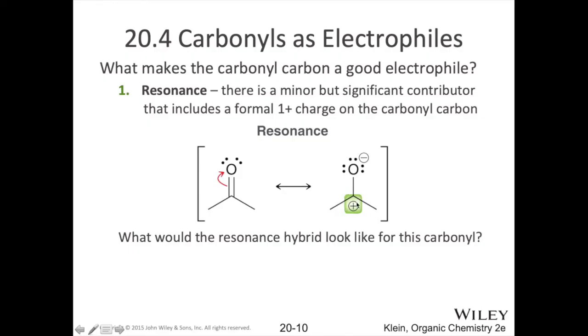Now, obviously, this neutral resonance structure is much more stable than this one, but this is not an insignificant resonance structure. This is going to contribute some partial positive charge, some positive character, to that carbonyl carbon. And that makes it a good site, as an electrophile, for a nucleophile to come in and attack it.